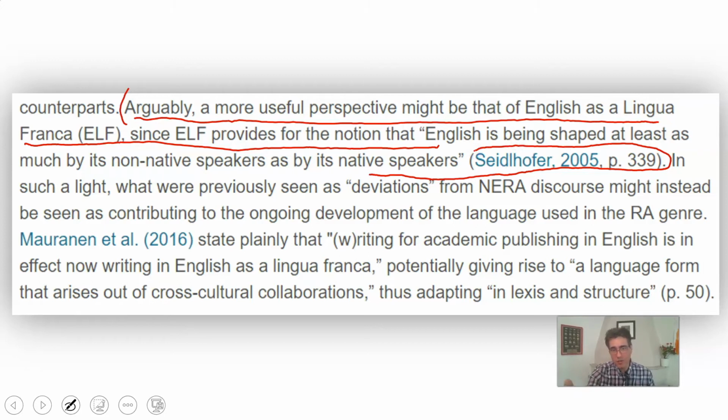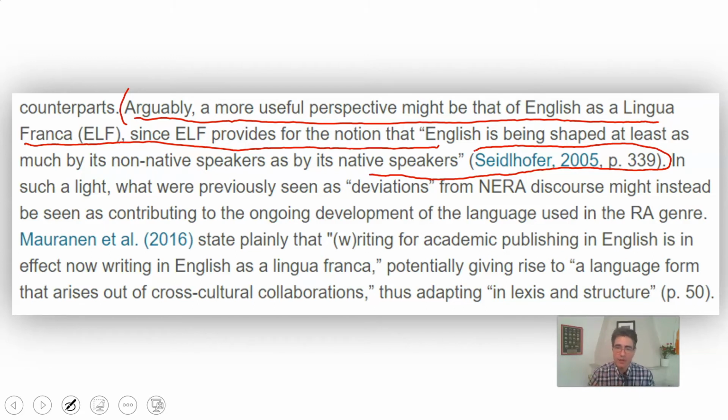It's a strategic inclusion because Barbara Seidelhofer is a really important voice in this area of English as a lingua franca. And so I know that voice will enhance my sauce. It's going to give that extra punch to the claim that I'm making.